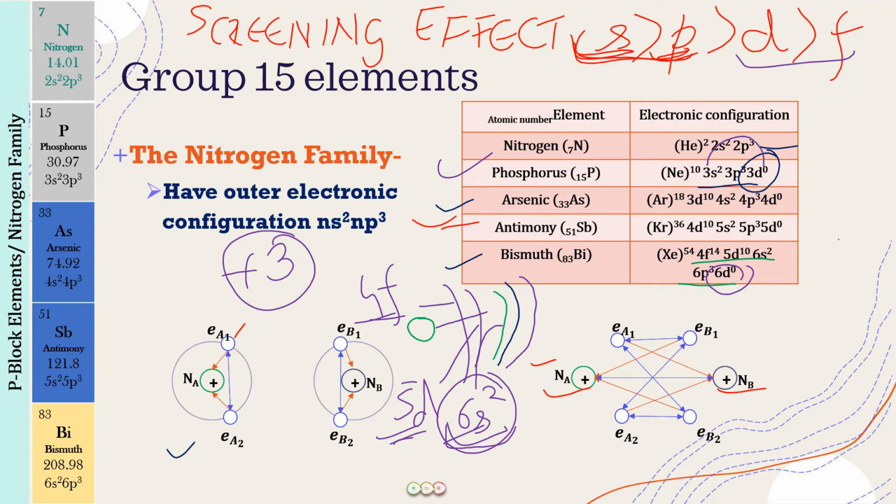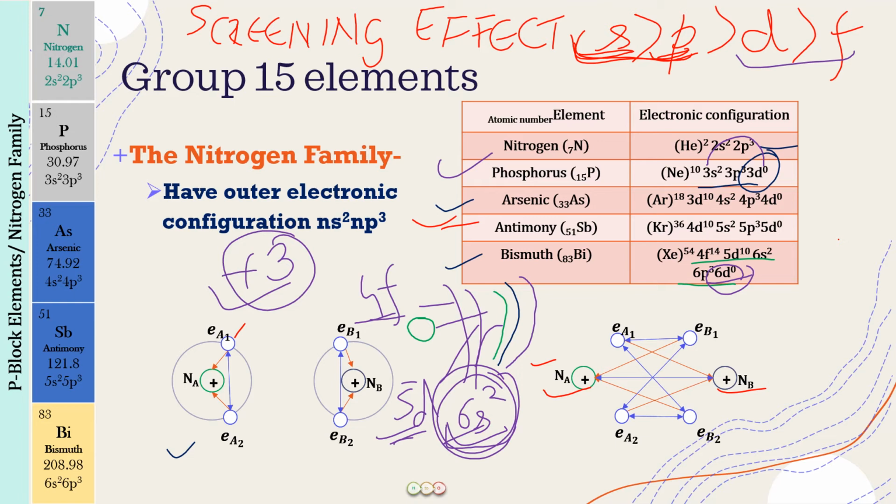Therefore, the 6s orbital electrons want to remain in place. They do not want to participate in bond formation. They are not going to move into the 6d orbital. Okay, I hope this is clear, and that is why we see these elements having the +3 oxidation state being more favorable than the +5 oxidation state.